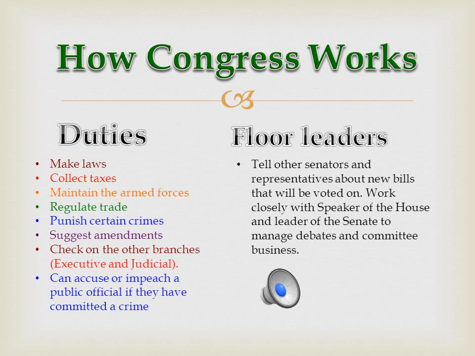Also, they deal with regulating trade, and what they mean by trade is foreign trade. States deal with interstate trade, meaning between. When we're talking about regulating trade, we're talking about between, for instance, India or Korea or China.